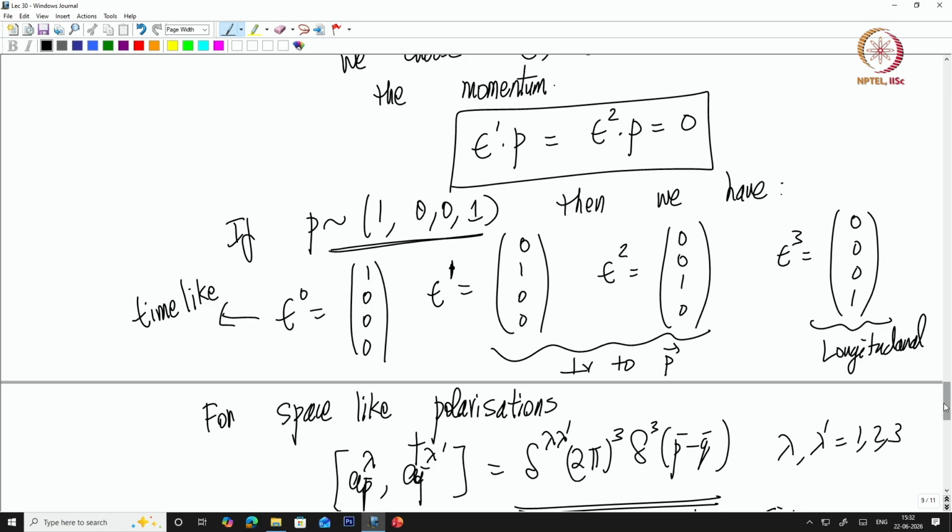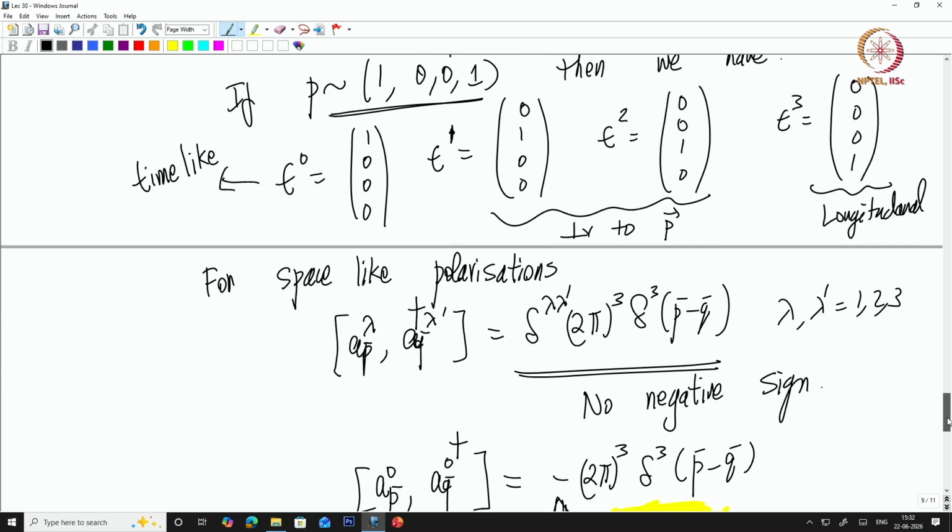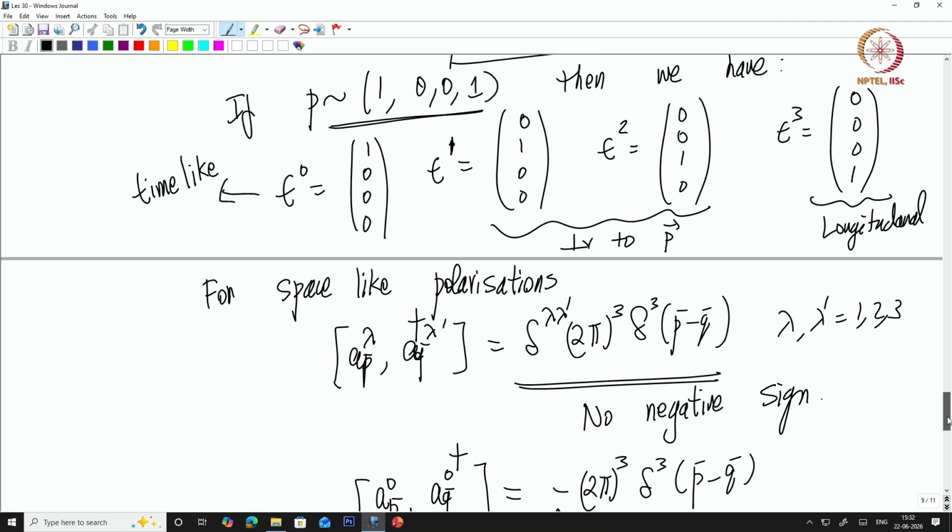You see epsilon 3 is parallel to the direction of momentum, so it is longitudinal, and epsilon 0 is 1 0 0 0, it is time like. Out of these 4 we have an issue, meaning we know that they are not completely physical, because there are only 2 physical polarization vectors.